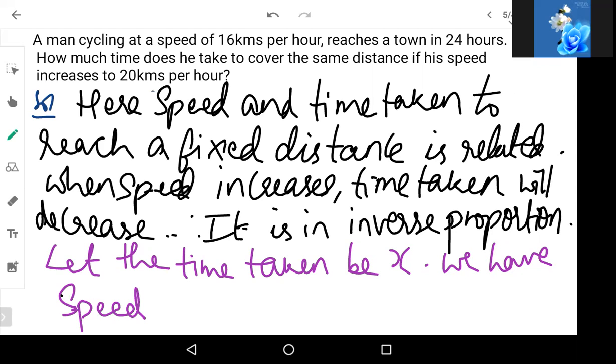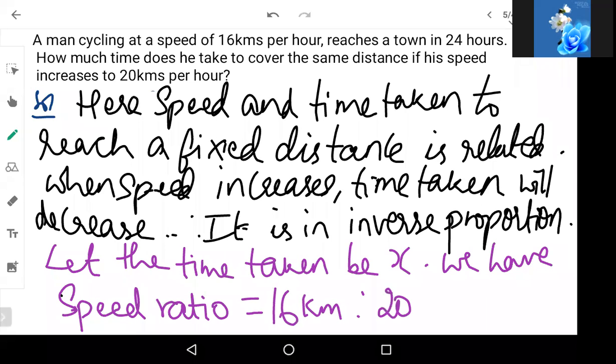First it was 16 kilometers per hour, now it is 20 kilometers per hour. So the speed ratio is 16:20. Are you all able to follow? Any doubts still here?